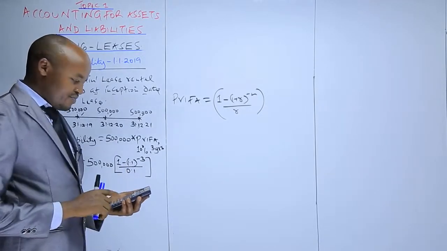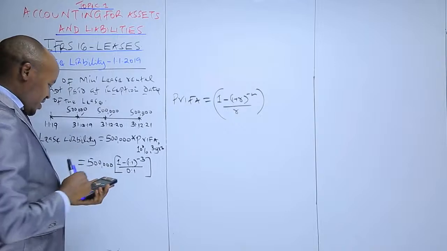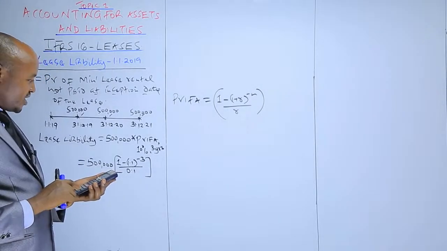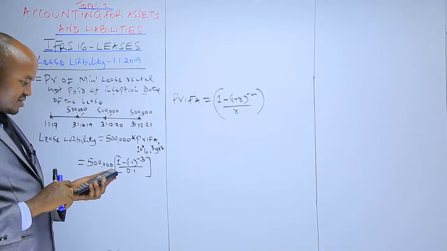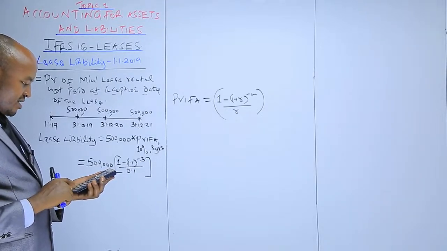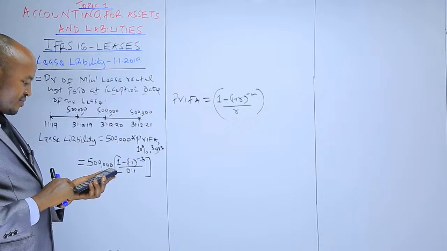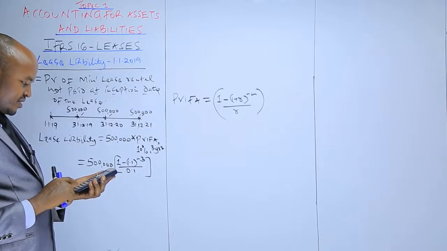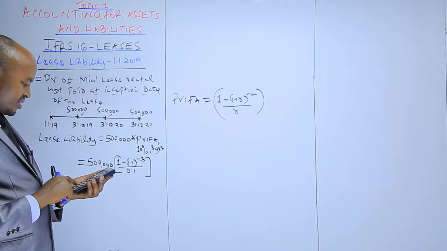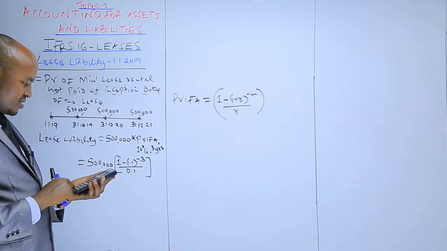So first of all we compute this: we take 1.1, we raise that to negative 3, and then we deduct that from 1, and then we divide that with 0.1, and then times 500,000.